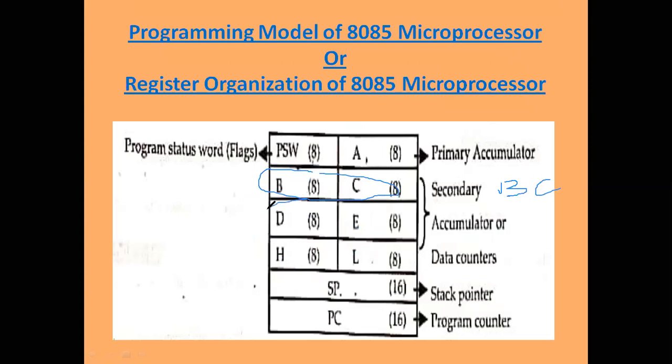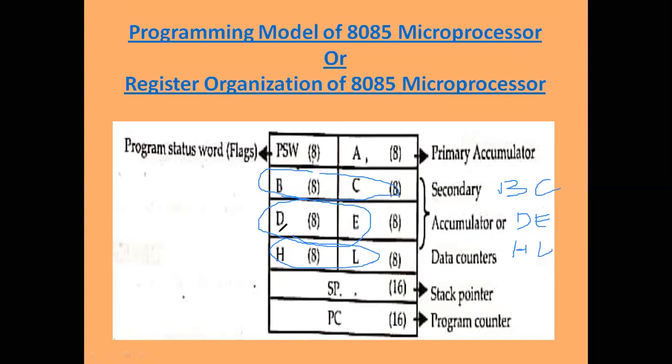In the same way you can combine D and E to make the DE register pair, used for the same purpose, to store 16-bit data. Similarly you can combine H and L and make the HL register pair.